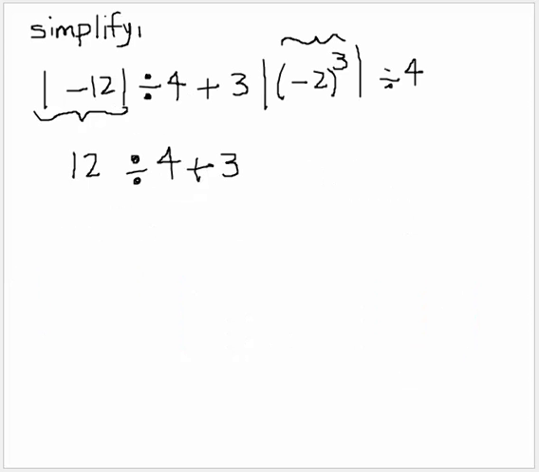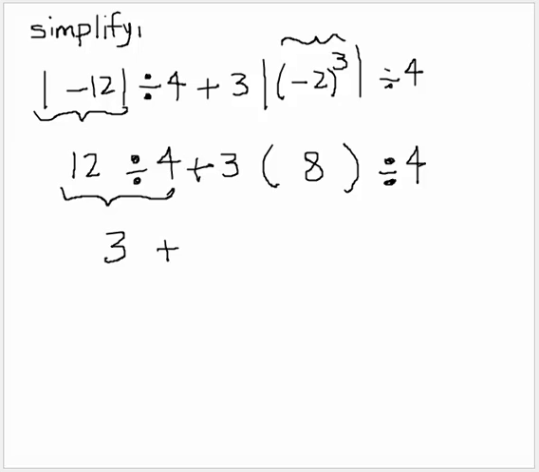So over here, that would give me plus 8 ultimately, because we have minus 8, and the absolute value of that would be 8. So now we don't have any absolute value around any of these numbers, so we can go from left to right, following the order of operations. Again, we look for multiplication or division first as we go from left to right, and the first division that we see is right here, 12 divided by 4, that would be 3.